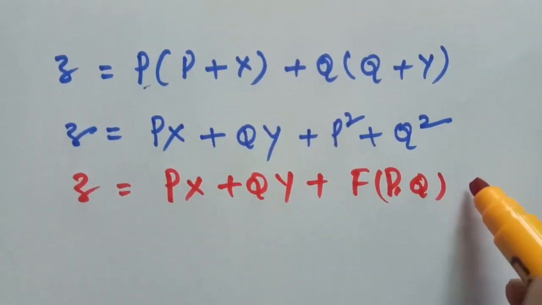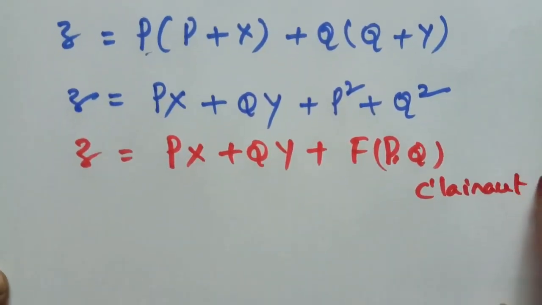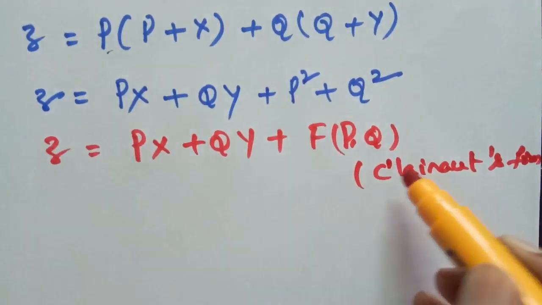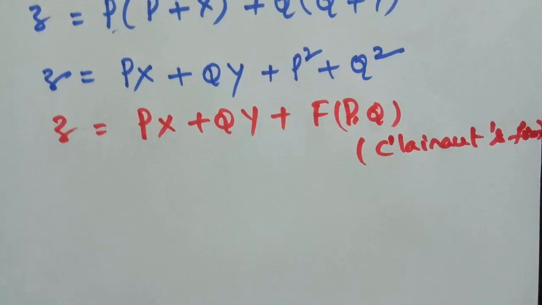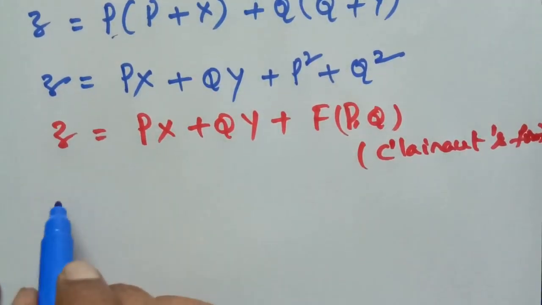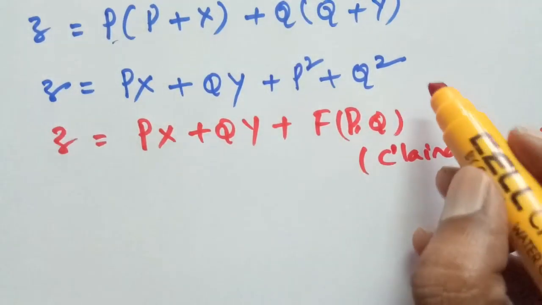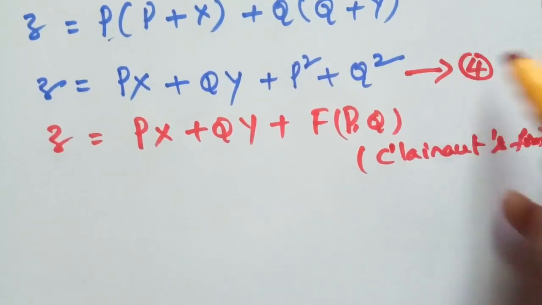This is a Clairaut's form. So therefore, what is the substitution to get the solution? Very simple. So put p equal to a. Say this is equation number 4.